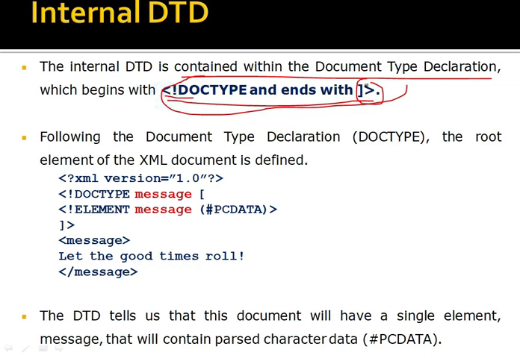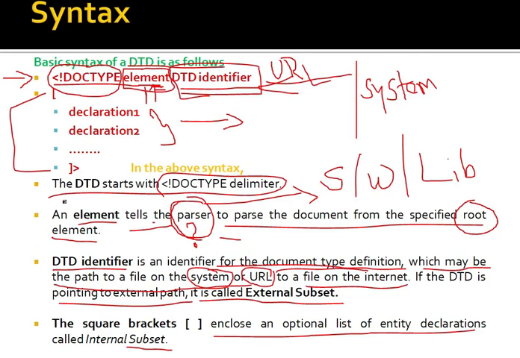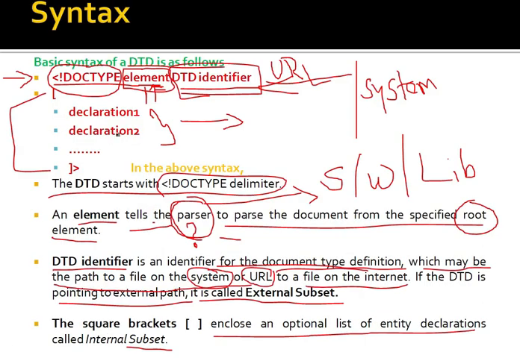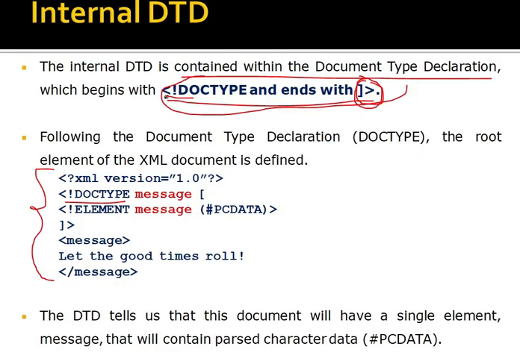As we saw in the syntax, the DTD should begin with the doc type. Yes, it begins with the doc type. The next item is an element. What is the element? Message is an element.